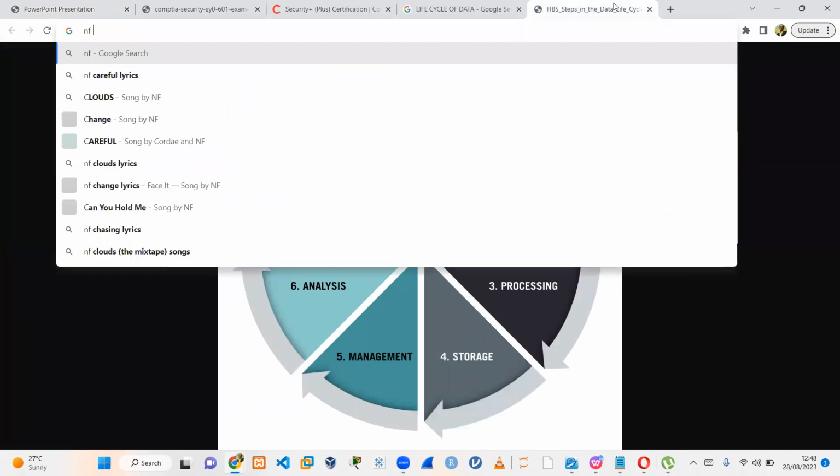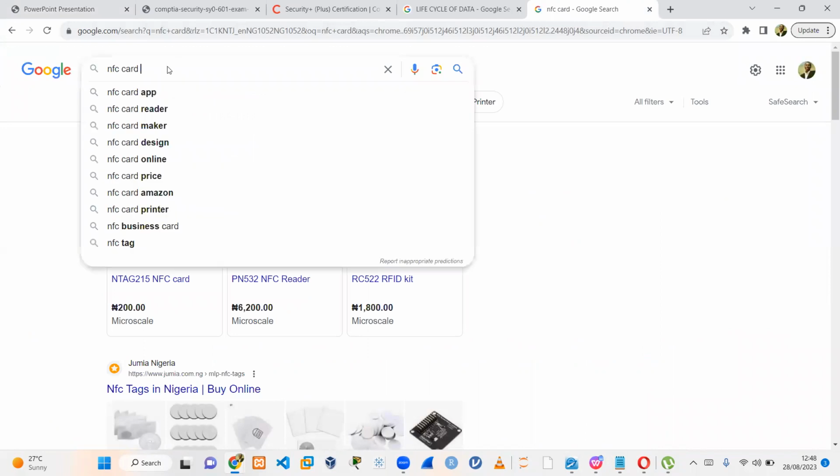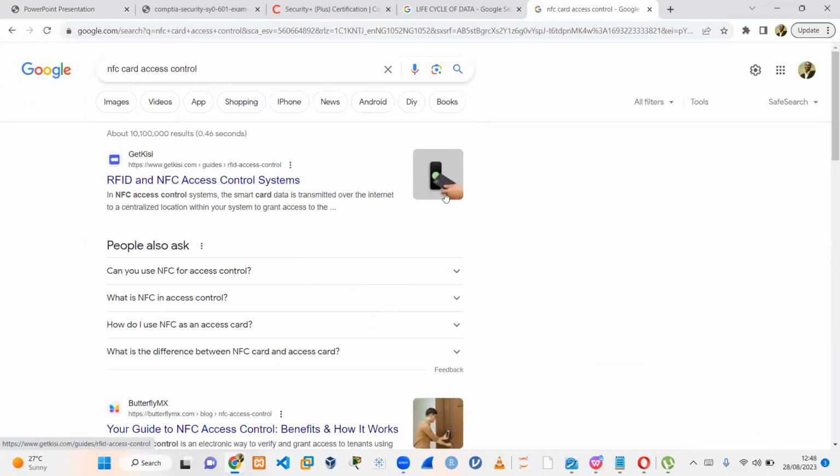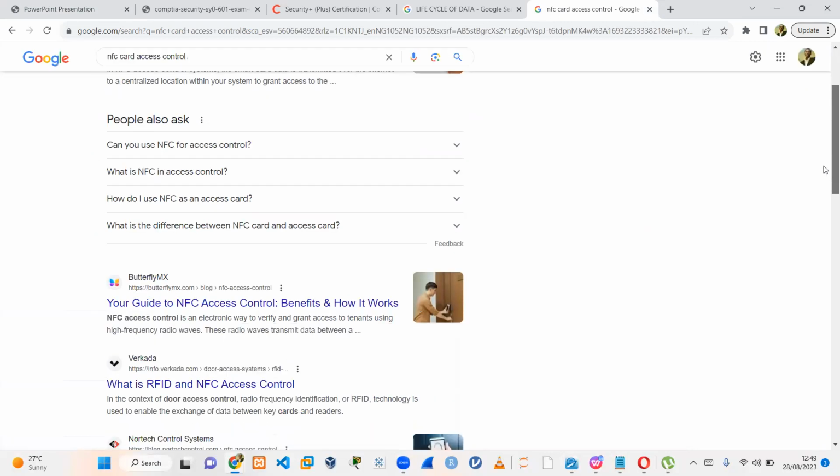If you don't know what NFC cards are, it's just like access control, something that looks like this. So RFID, NFC, you just swipe it and you have access. You swipe it and you have access. That's what you call the NFC card.